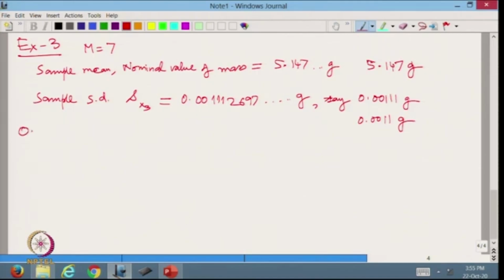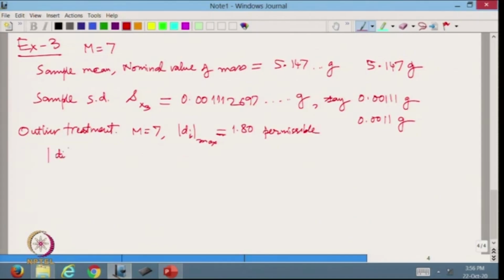Then we do the same thing, outlier treatment. For m equal to 7, the maximum possible deviation is given in the charts as 1.80. So, this comes from that chart. You can look up statistics notes, books, web, anywhere else. And we do the same thing, calculate the deviation for every measurement, those 7 measurements, and pick out the maximum size out of it.